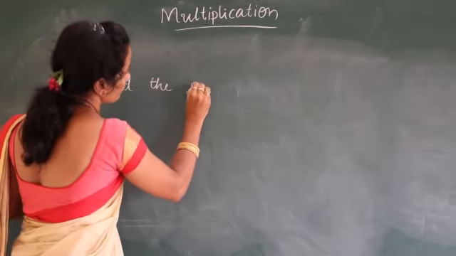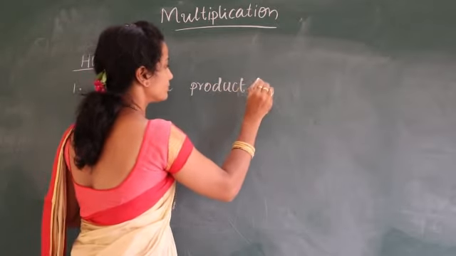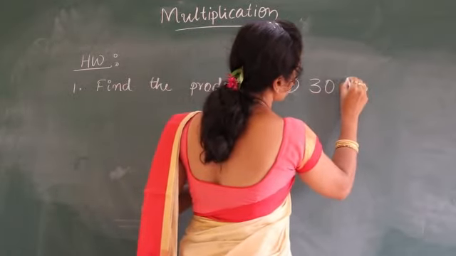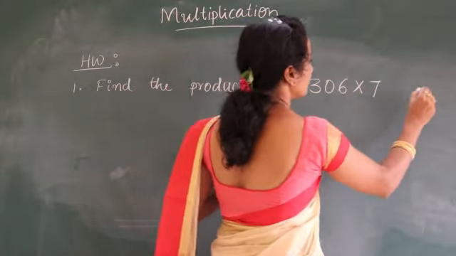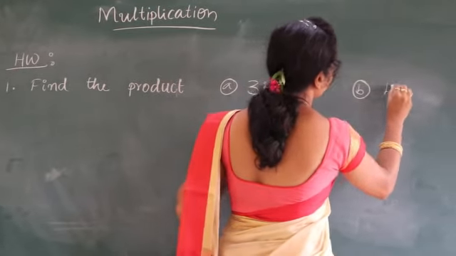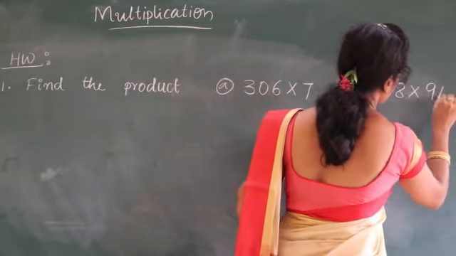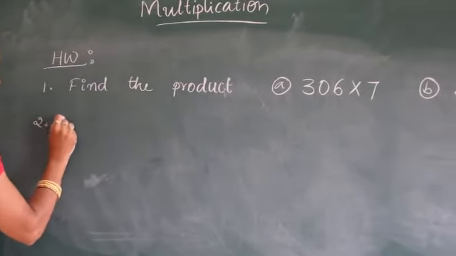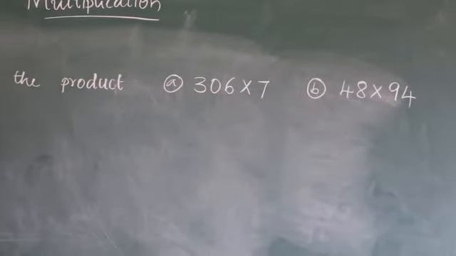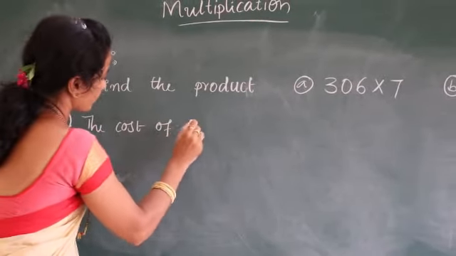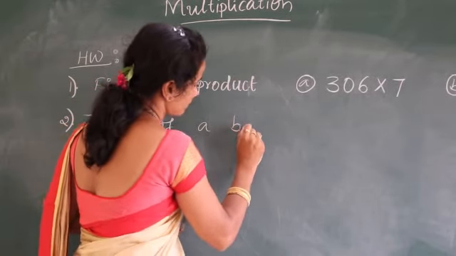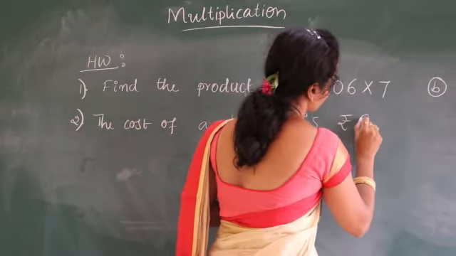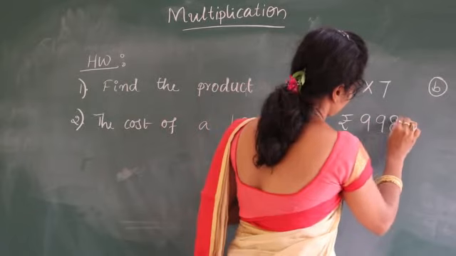Write down the homework. Find the product. A, 306 into 7. B, 48 into 94. And one statement sum: the cost of a bicycle is rupees 998.